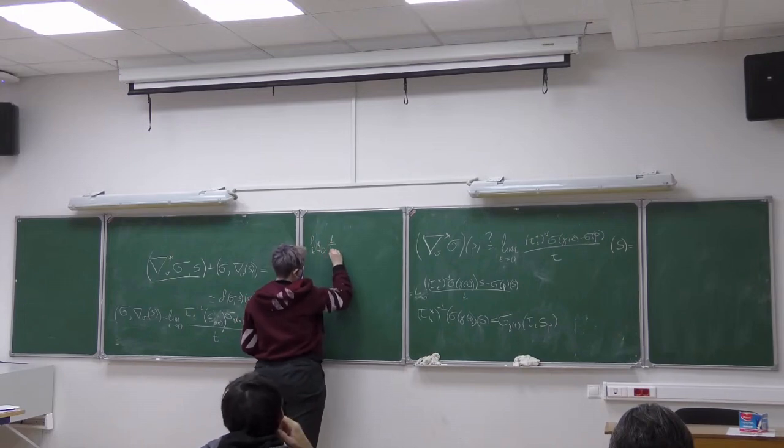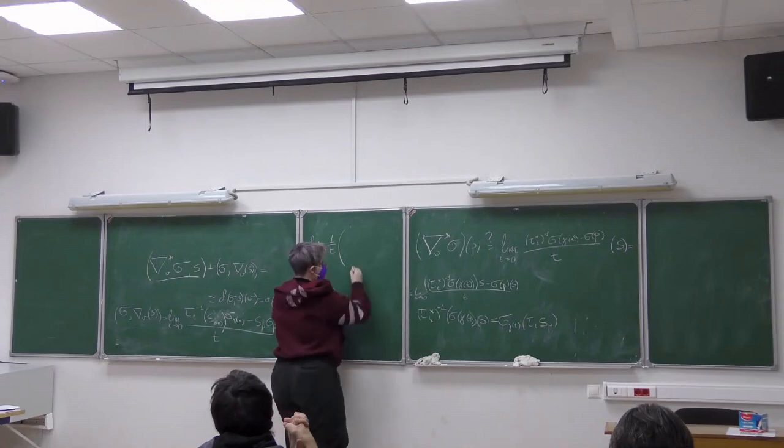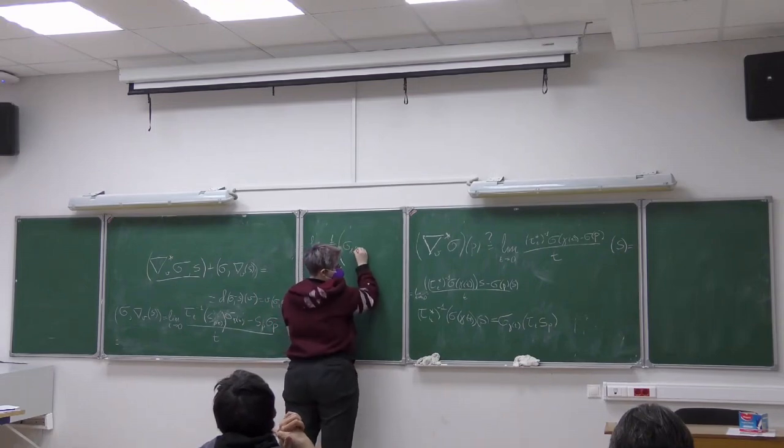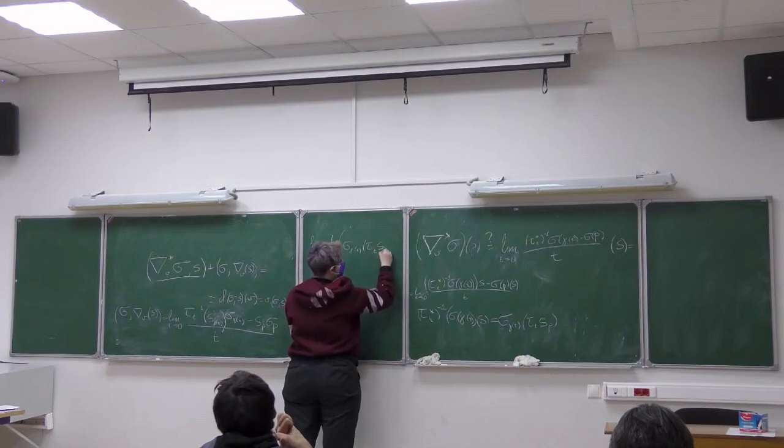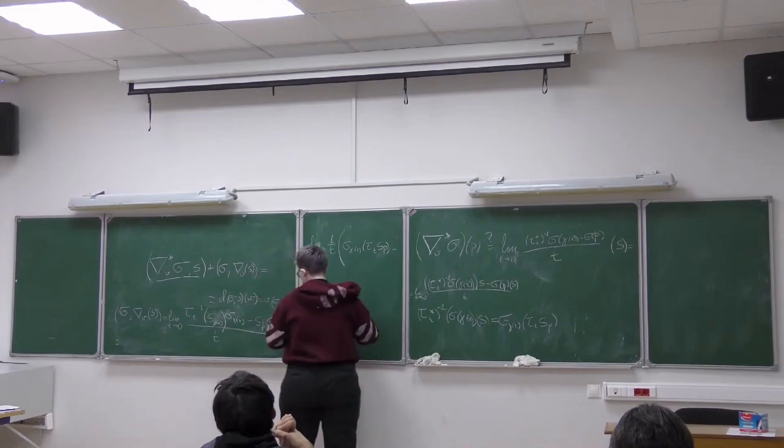Значит, 1 плюс на t я просто отдельно вынесу. Сигма на t, вот эти вещи сократились.